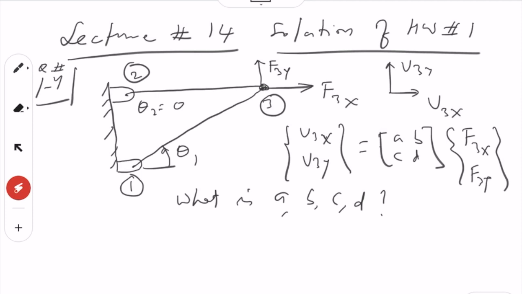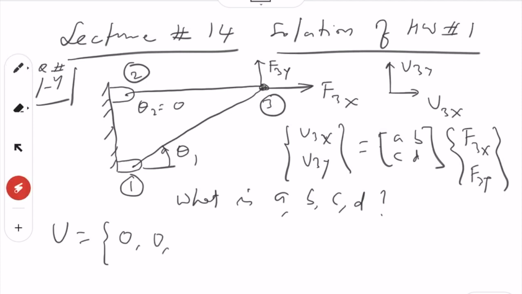Now, how will you solve it? First we have to find the force vector and the displacement vector. Because this is a truss problem with nodes 1 to 3, you will have a 3 times 2, 6 by 6 stiffness matrix, a 6 by 1 force vector, and a 6 by 1 displacement vector u. Both degrees of freedom u1 and u2 will be 0, so you have 0 comma 0.